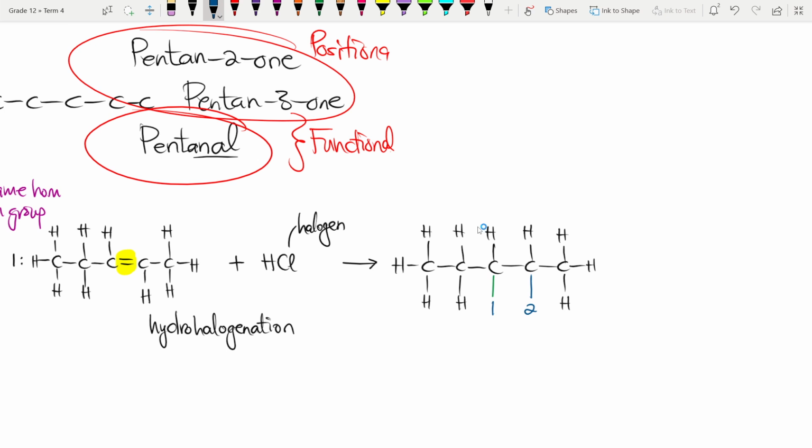2. Okay. Why? Because it will be on the shortest one. You know, when we write the IUPAC name, you start with the chlorine side.